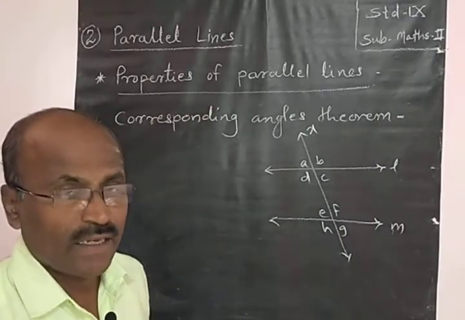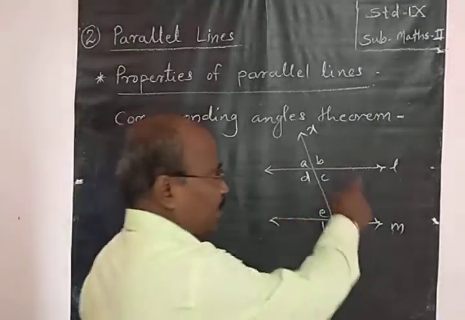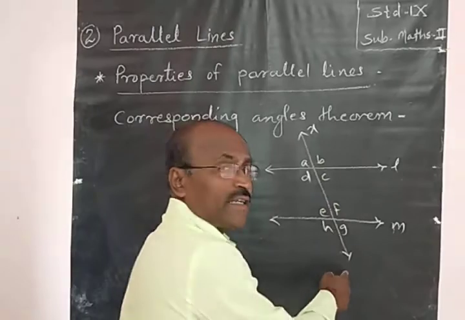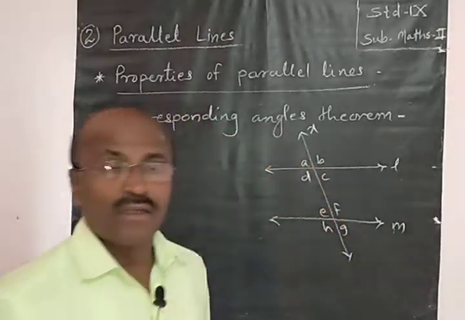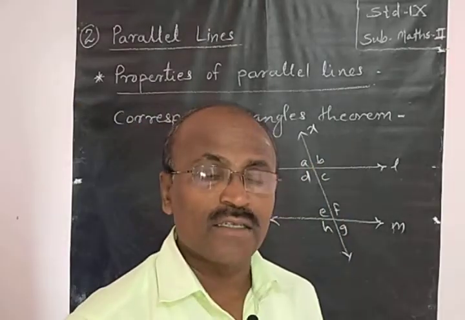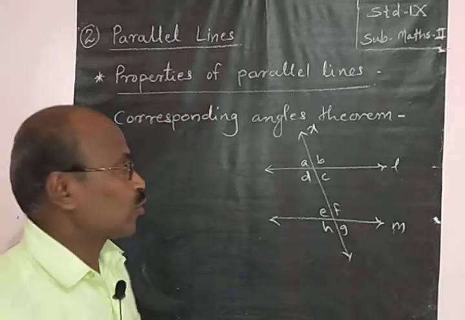If these two lines are parallel and this one is a transversal, then the corresponding angles so formed are congruent.